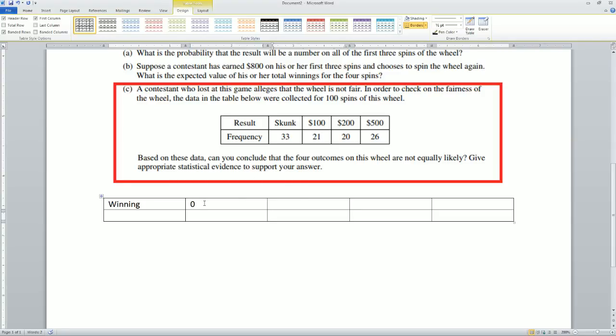So he can either win zero. What else could he win?